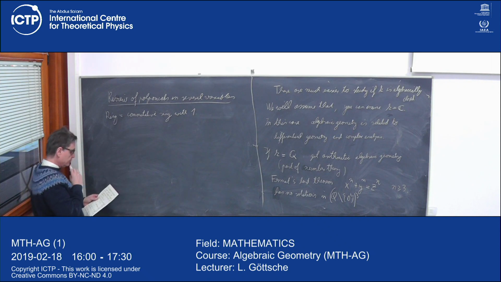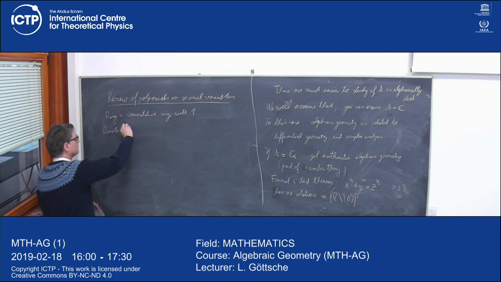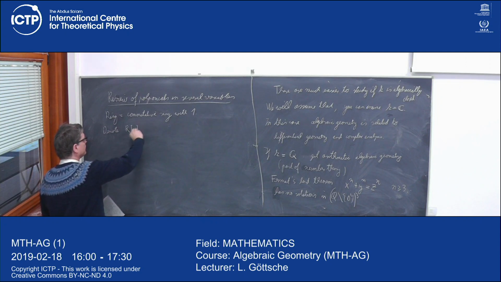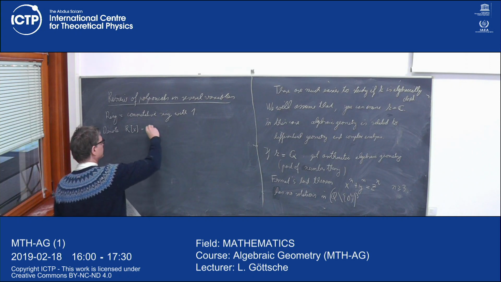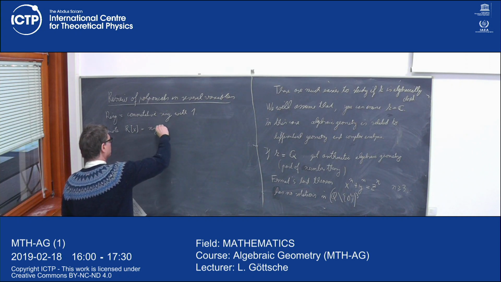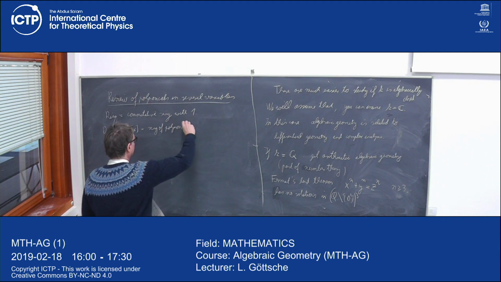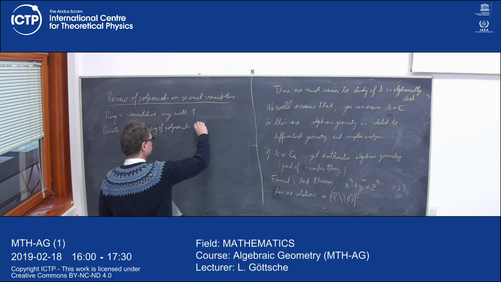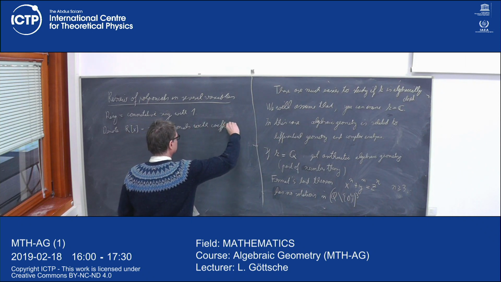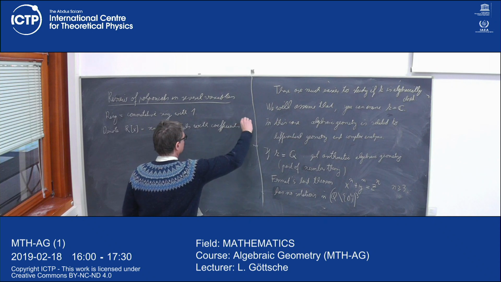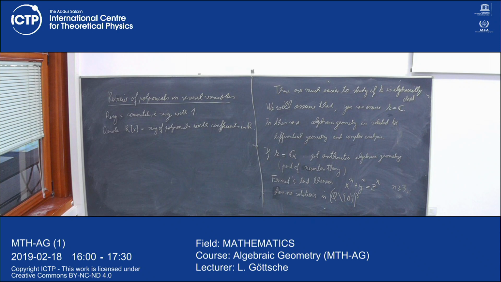So we denote R[x] the polynomial ring, the ring of polynomials with coefficients in R. Assuming you remember it, it's the obvious thing.